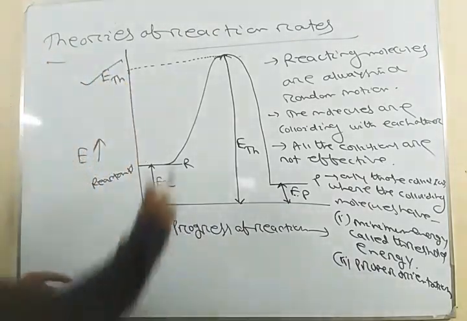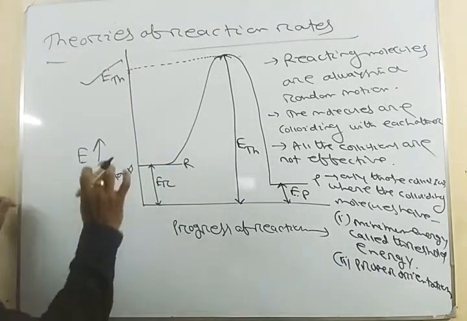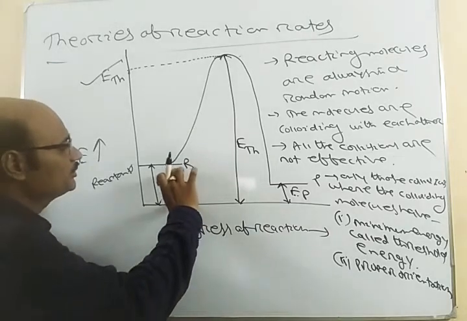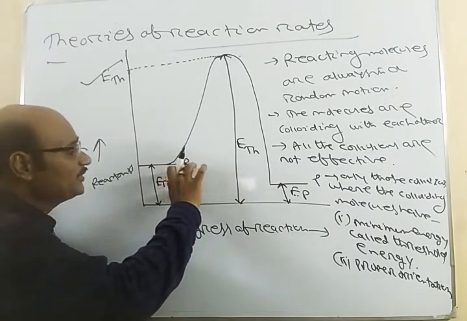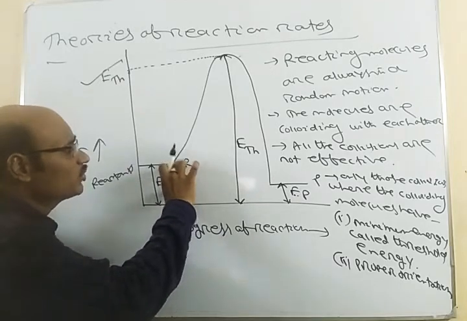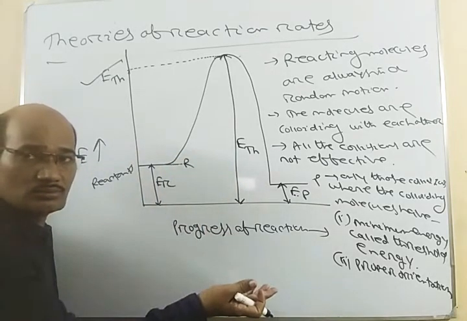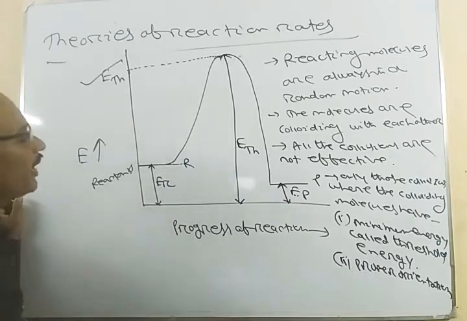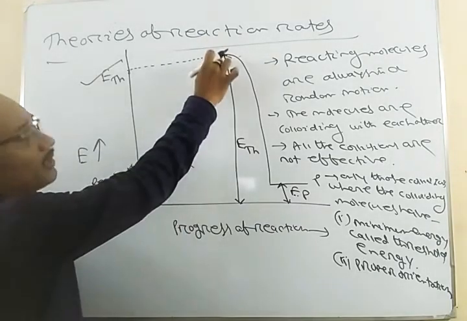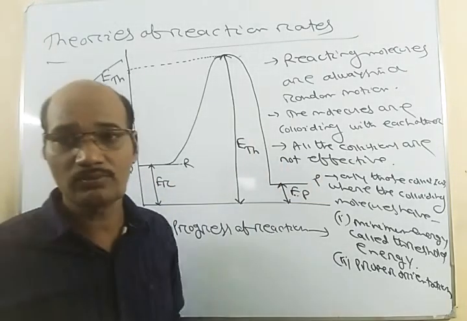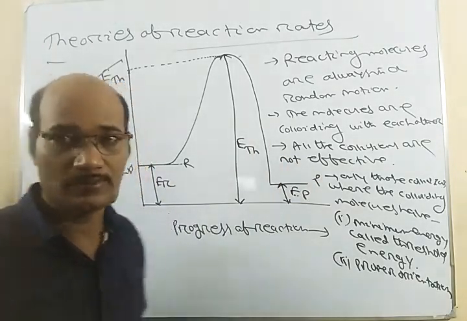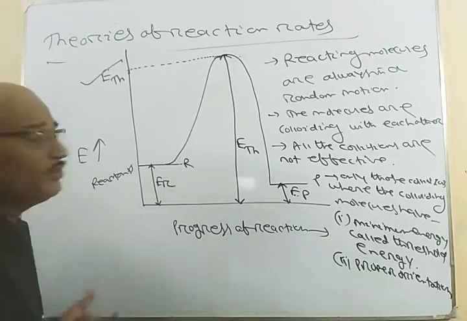Now see, here we have seen the reacting molecules have this much amount of energy, and at this position the reacting molecules are not able to react. When they reach this level, then only the collision will be effective and the reaction will complete. Now, how will it be possible?